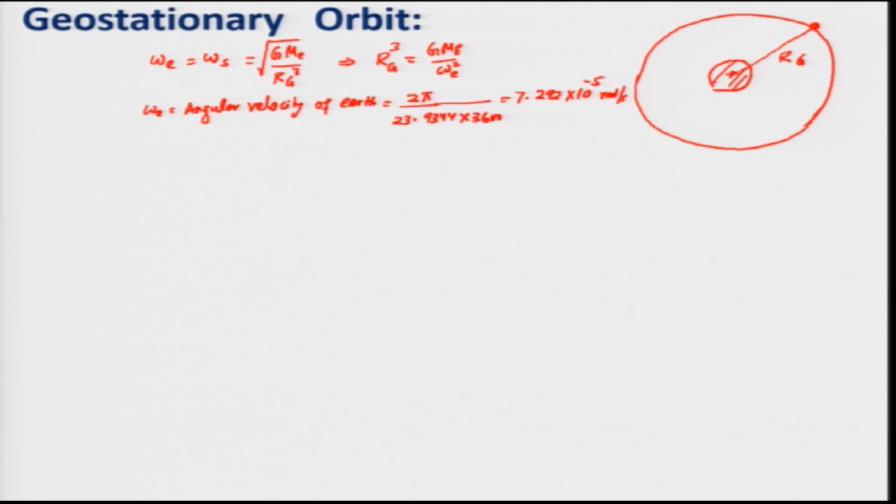Keep in mind that this r G, the radius of the geosynchronous orbit, we can find out by substituting these values: root over 1 by 3, and G is 6.67 into 10 power minus 11, and the mass of the earth we already know, 5.97 into 10 power 24, divided by 7.292 into 10 power minus 5 whole squared.